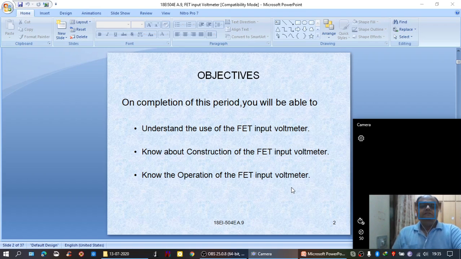Basically, what is an electronic voltmeter, what are its advantages, and what is the construction of FET input voltmeter, and I'll explain about the operation of FET input voltmeter.